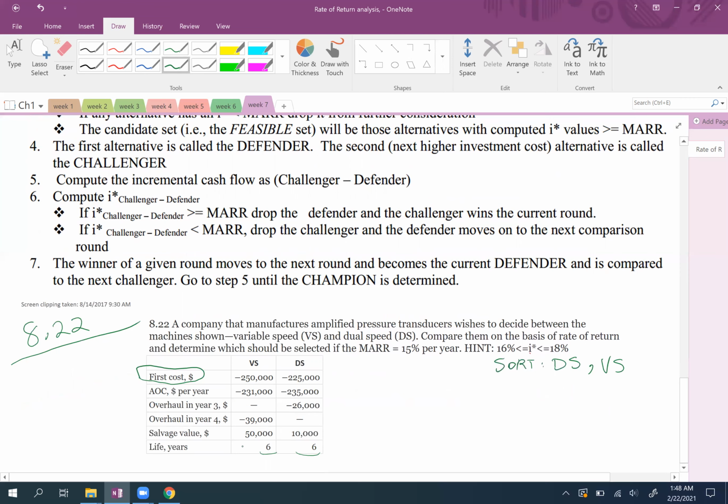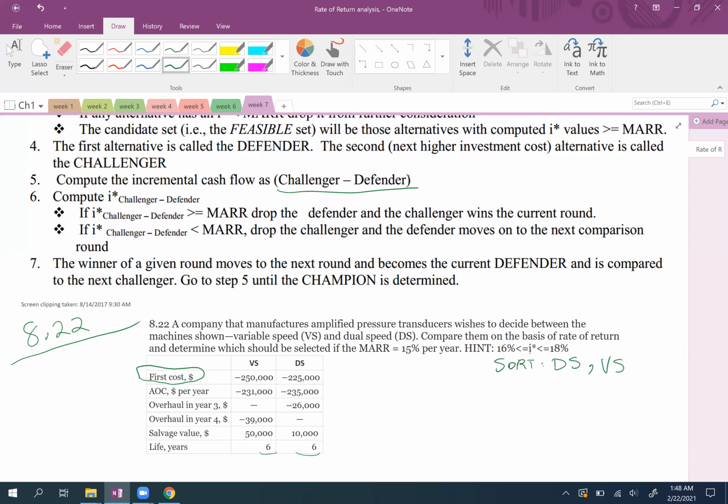For doing the incremental analysis, if you recall, you need to calculate the incremental cash flow. You need to determine challenger minus defender. What was the challenger? The challenger is the more expensive one. The defender is the cheapest one.